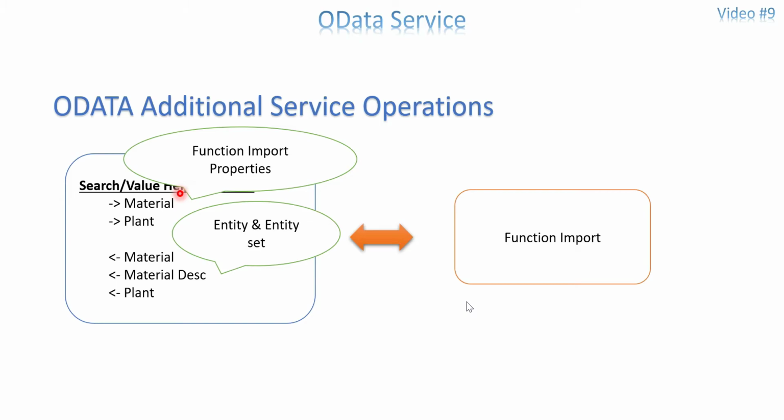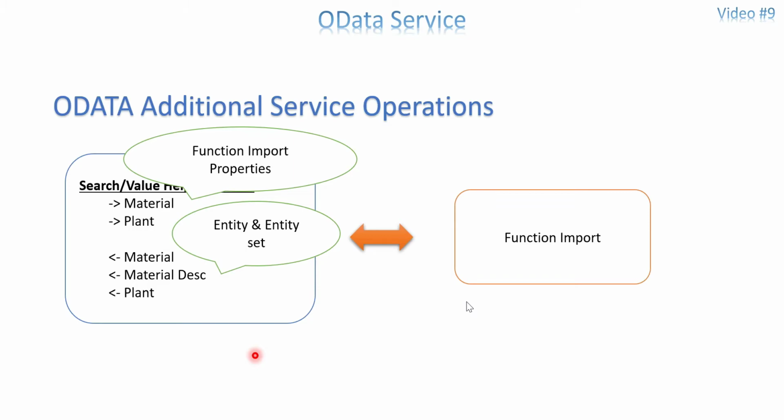So you have to create a function import and create its properties. Those properties are filled, or passed, from the UI application in the URI. The next one is return parameters: whatever you return from your function import should be in an entity type or entity set.